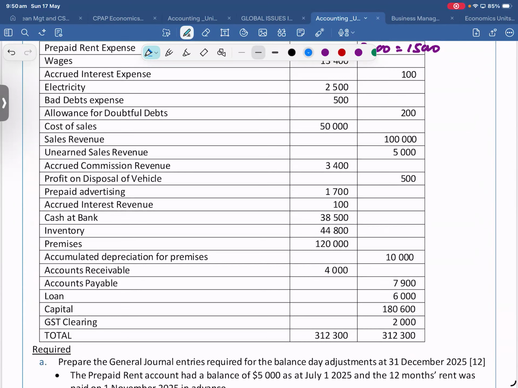So your unearned sales will be debited 4,500 and sales revenue is credited 4,500. Okay. Anything else? Any other entries?